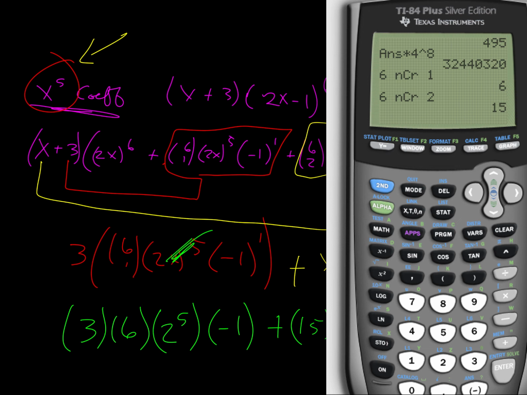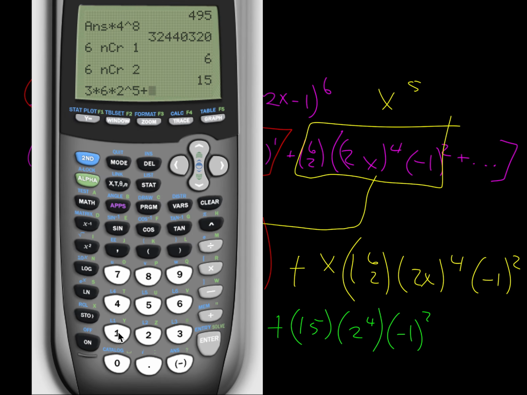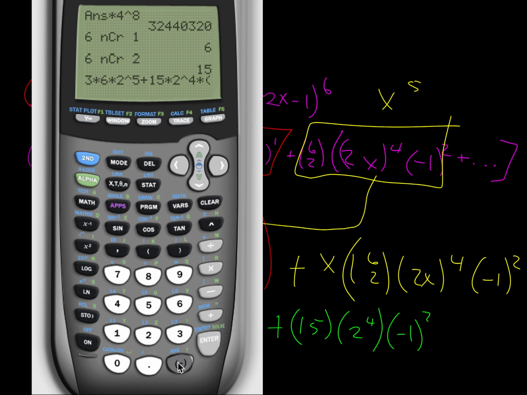Alright, from here we should be able to just type this all in. So we're going to say 3 times 6 times 2 to the 5th plus 15 times 2 to the 4th times -1 squared.